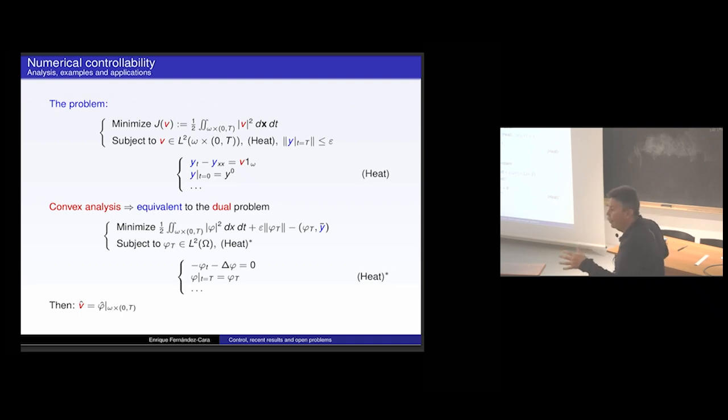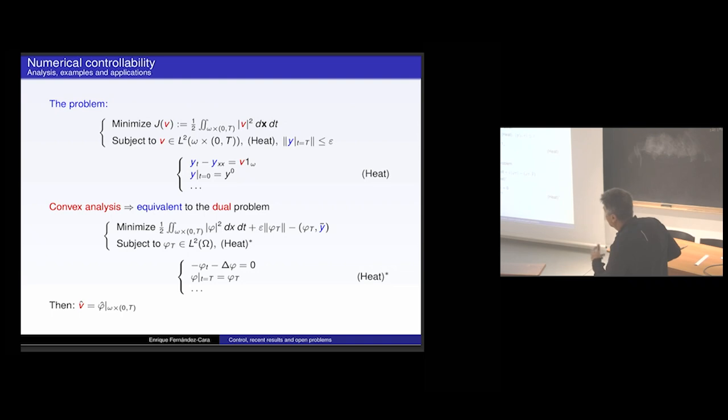In order to explain things well, I'm going to show you what happens if we try just to approximate the final state at this level. So for the moment, I'm going to consider an approximate controllability problem, and I rewrite the approximate controllability problem as the search of the minimal norm control in the sense of L2.